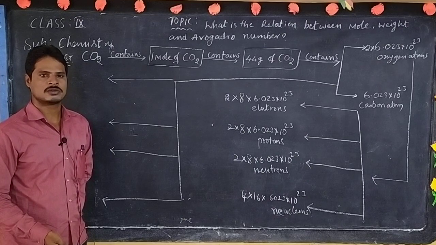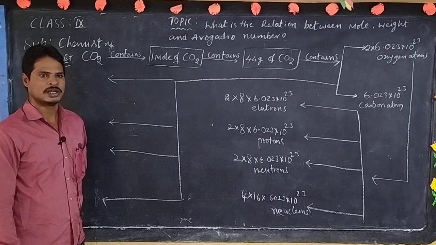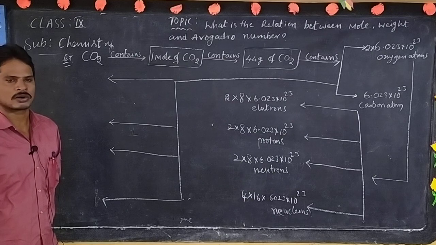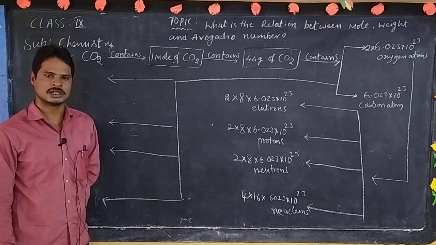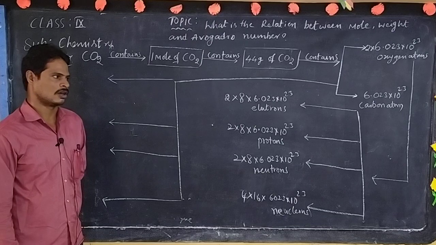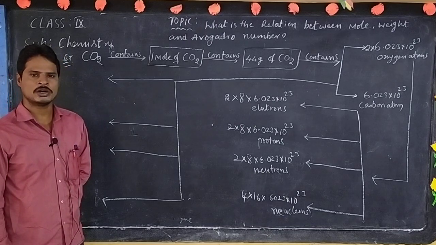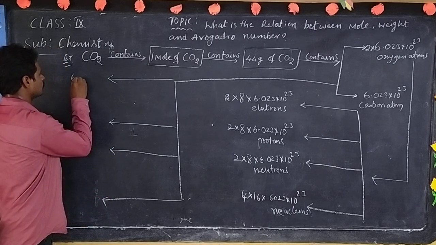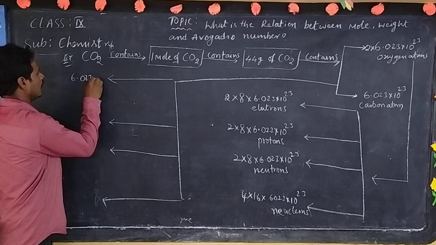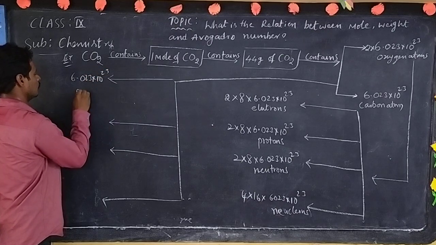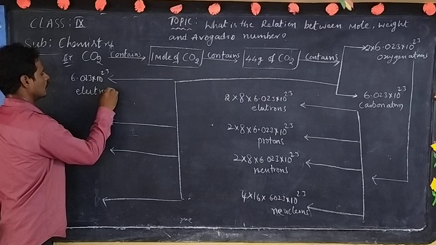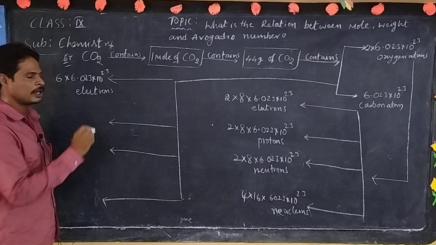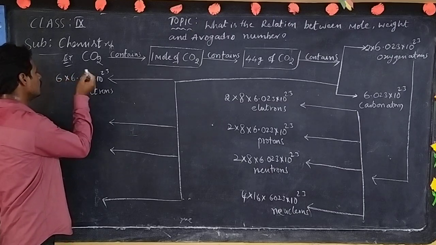Number of protons equals atomic number, and number of protons also equals number of electrons. So carbon has 6 electrons. One electron contains this value, but carbon contains 6 electrons, and there is 1 carbon atom, so we write 6 into this value.